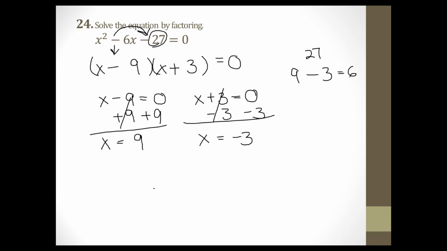So our two answers should be 9 comma negative 3 or negative 3 comma 9. Both of them are correct. Usually in math you write them in descending order, or the smallest one first. So both of these are correct. Either one of them, and only one of them, you will see in the multiple choice answers.